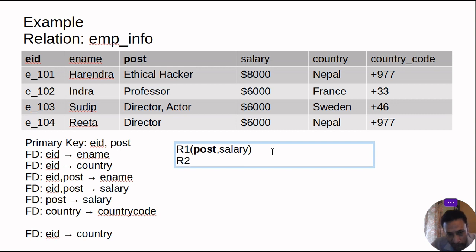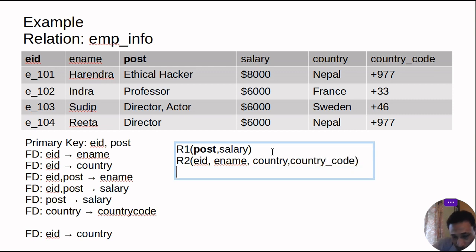So I will check another attributes which created the partial dependency. Here employee name is dependent upon EID, so I will remove this also. If we know the employee ID, we can know country also, so I remove this country from the original table also, but the country code depends upon country, so I will be putting this here, country code. Okay, R2.